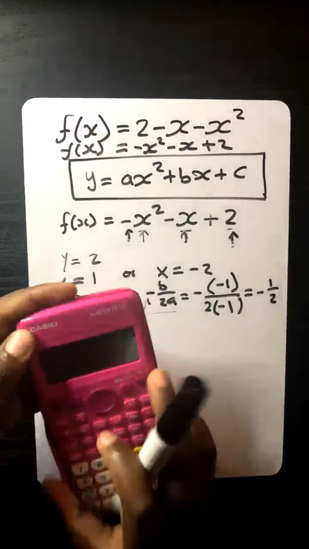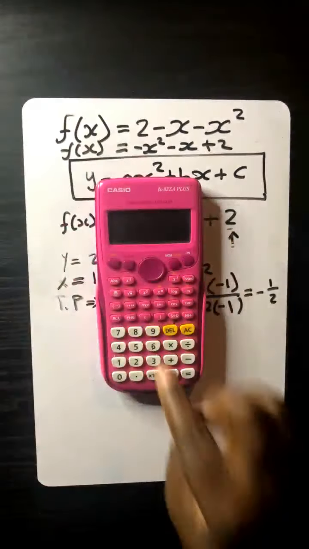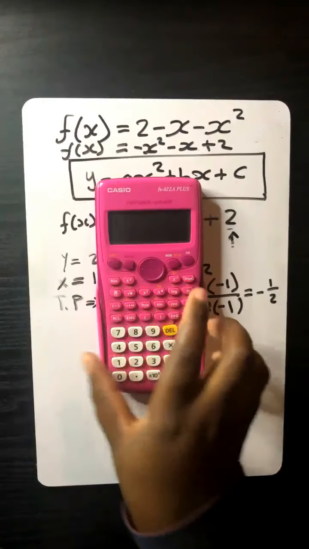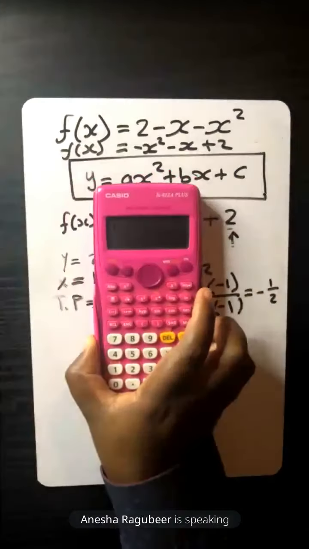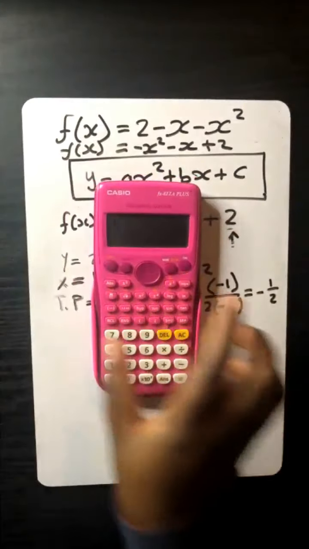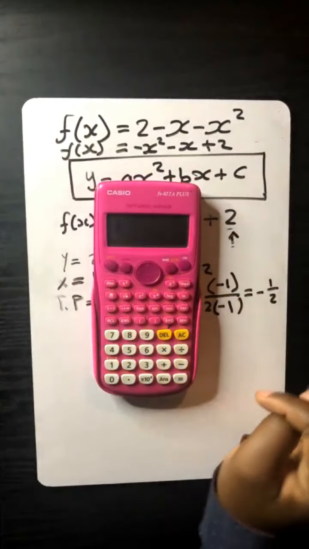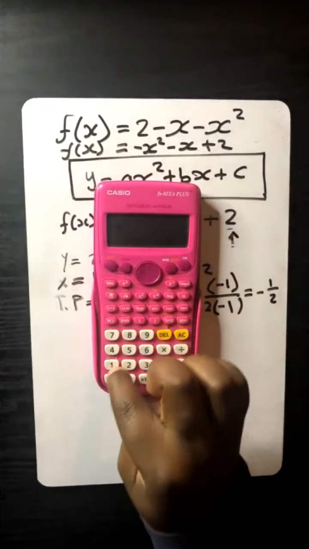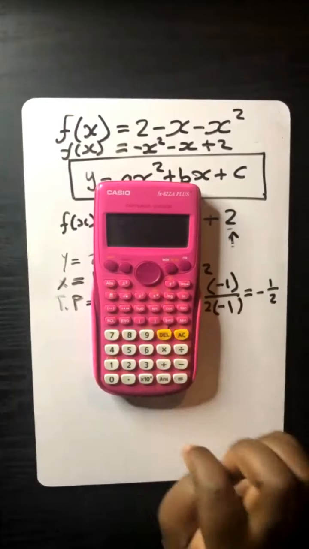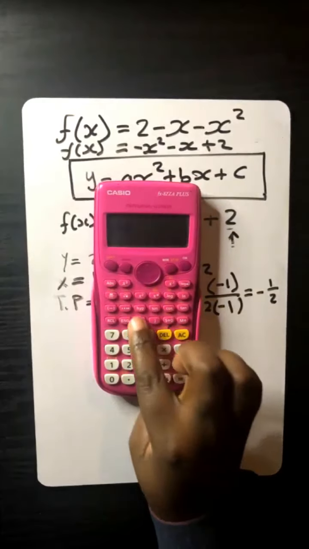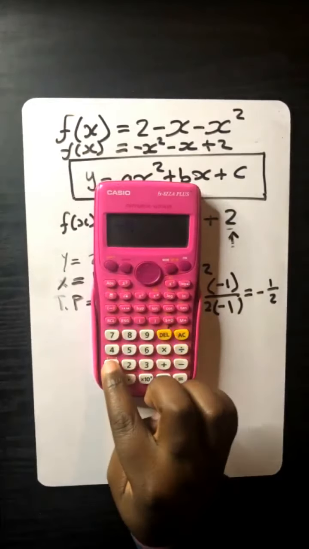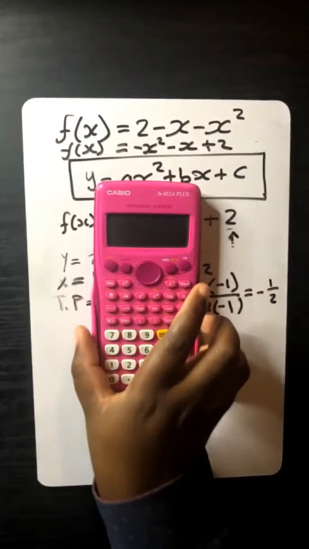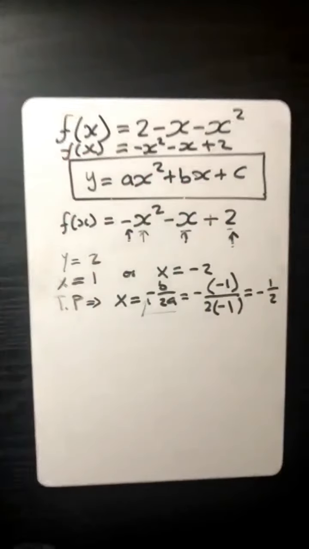Okay, so let's do it. Start with negative, then you say negative, then you do the fraction button, then you open bracket, it's negative 1, you close, then at the bottom is 2, open, negative 1, then you close, and you say equals. So I'll quickly write it for you.